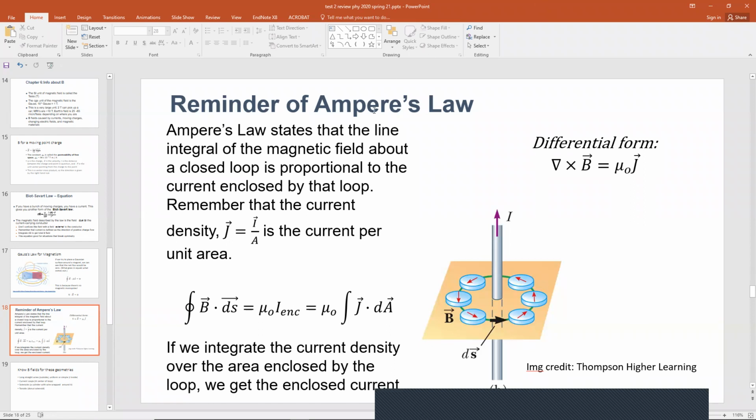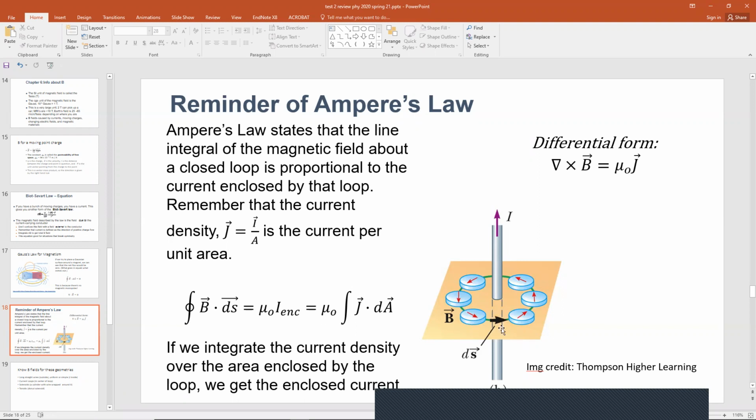Now remember that when you apply Ampere's law, there are a lot of similarities to Gauss's law, but one thing that's different is that it's not a closed surface, okay? Your Amperian loop is going to be an open surface, right? Like here we show a circle, so it's not a sphere, it's a circle, it's an open surface.